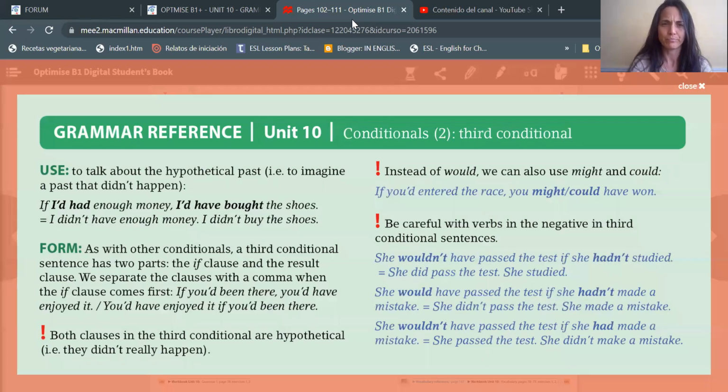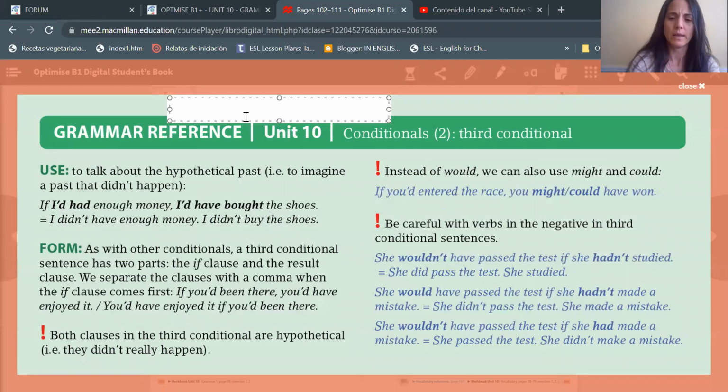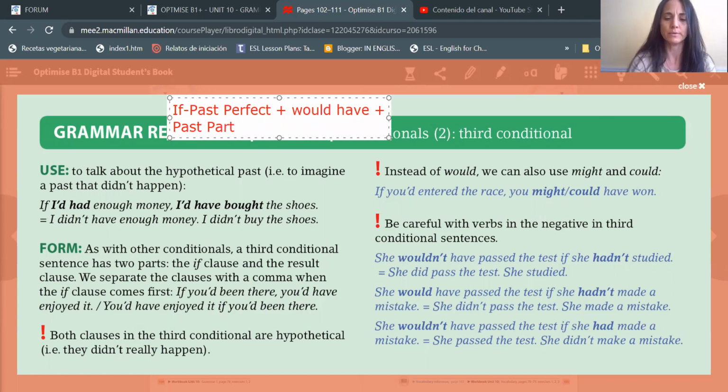So, to make it clear, in the if clause, you are going to use the past perfect, okay? And then in the result clause, you are going to use would, have, plus the past participle.